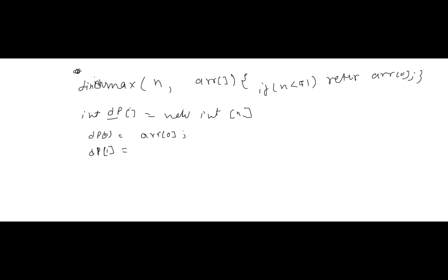Now if we have two houses, that means 0 and 1, we have the option, so we need to find the maximum. So Math.max of ARR of 0 and ARR of 1, the maximum of both houses.